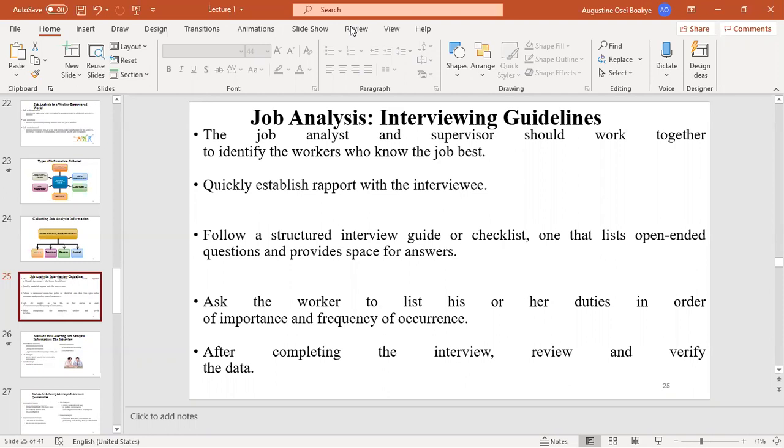I'm repeating it again. An advantage of the interview process or method of gathering job analysis information is that it gives the interviewer or the job analyst the opportunity to pay attention to the facial expressions and the body language of the interviewee as they communicate.